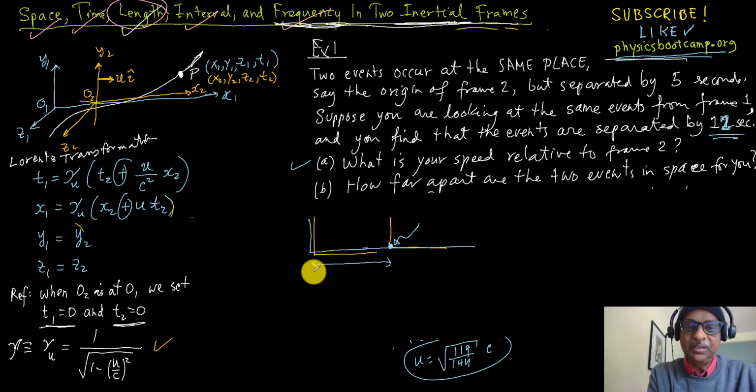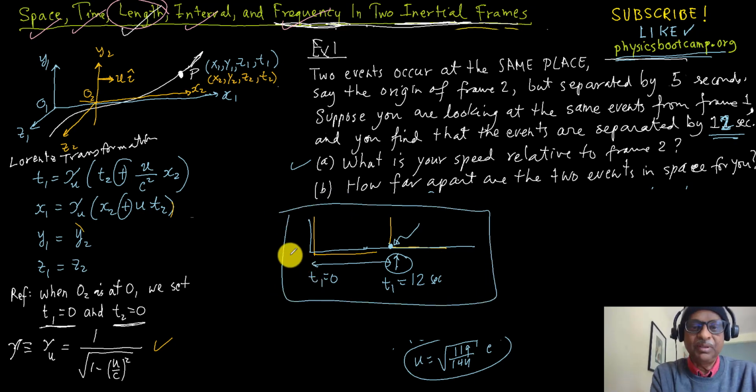So in here t1 was 0, and we had a clock here, and t1 here was 12 seconds, right? So in my frame 1, what's the distance?